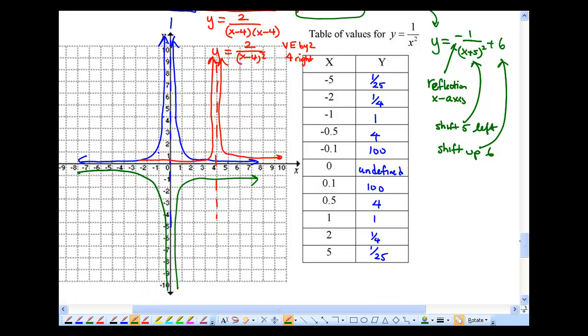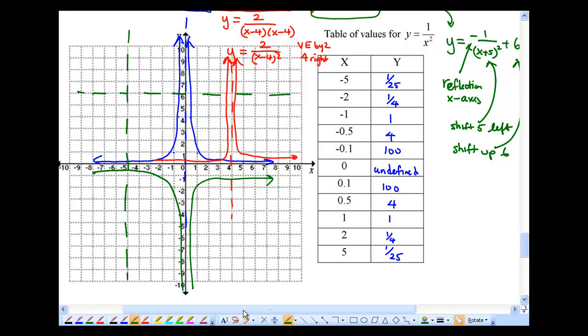But then I have to shift it 5 left and 6 up. So watch, I'm going to shift the asymptotes first, 5 left, 6 up. And then I can modify my green graph here.